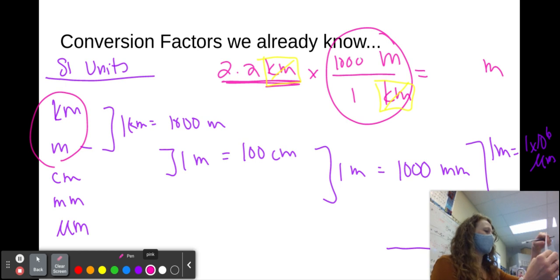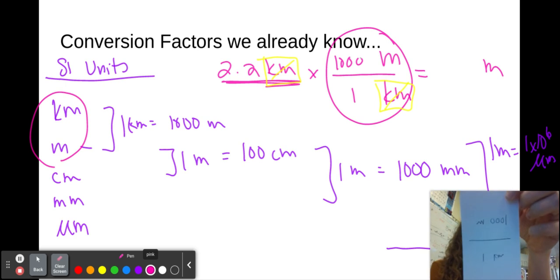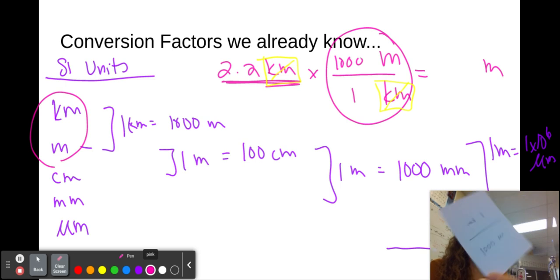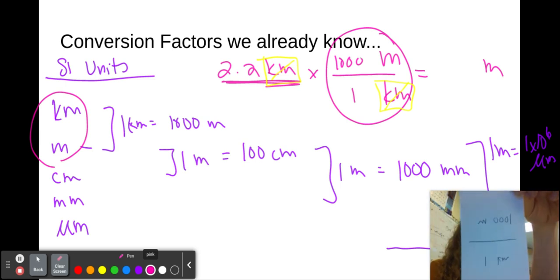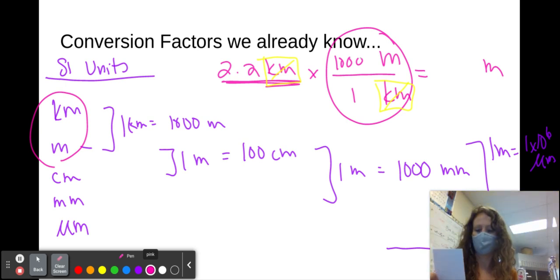So notice how I can flip it either way and the top is always readable. Yeah, so that's how I want you to write it. Because if you write it like this, you can do something special with it. And I'm going to show you that something special on the board.